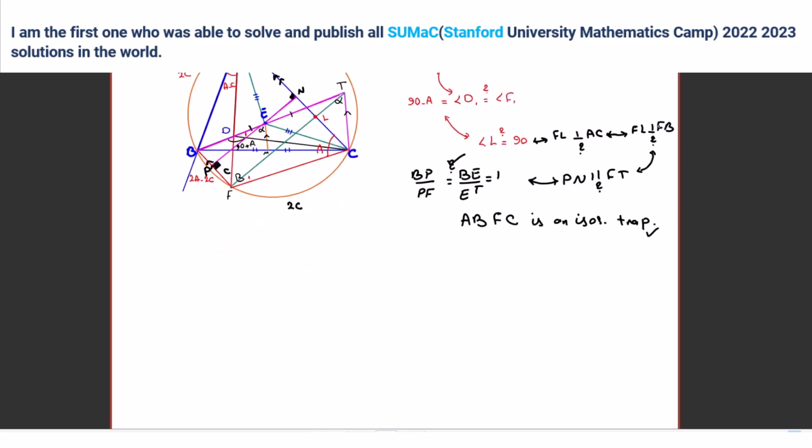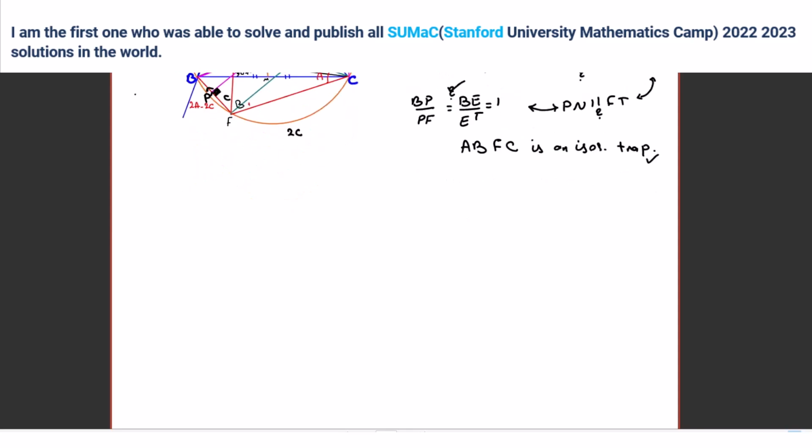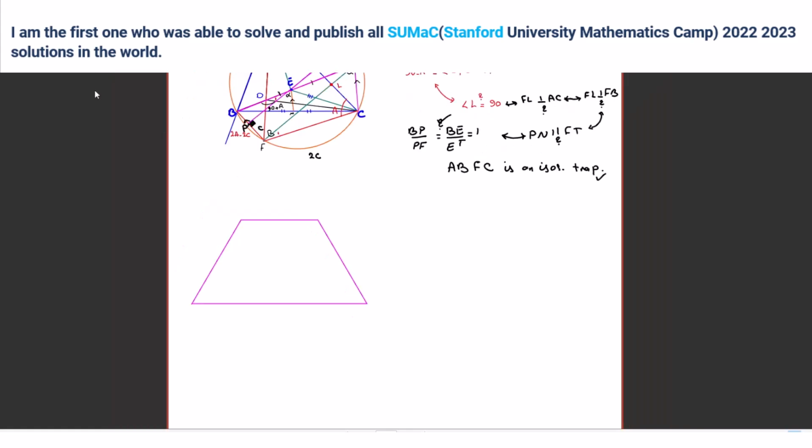We can also try to prove it with a rigorous proof. So here, for example, we have an isosceles trapezoid.